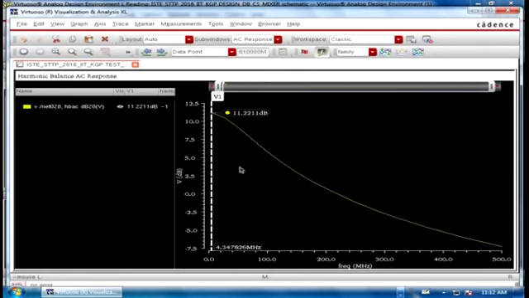My frequency here is 2.4 gig, actually it is 2.5 gigahertz, your RF in, and our IF is 2 megahertz. So we are getting a gain of roughly 11.22 dB at 2 megahertz. That is my IF band.